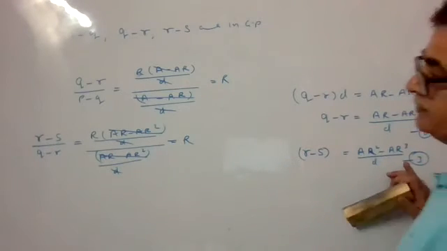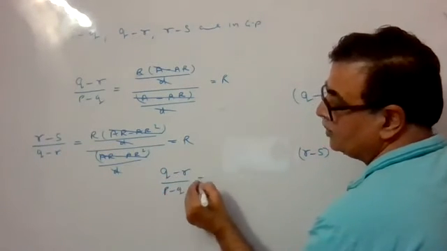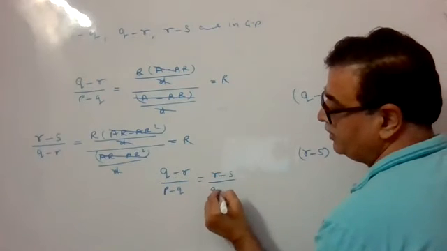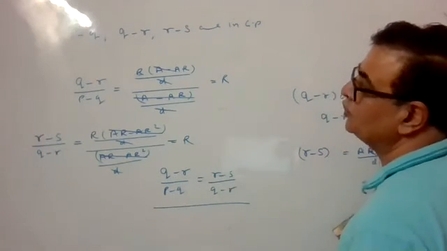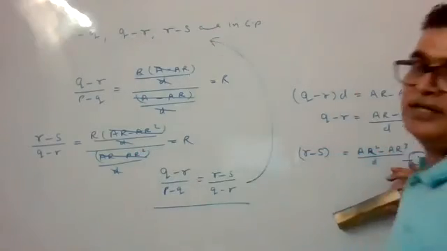So what I get here is Q minus R by P minus Q comes out to be R minus S by Q minus R. Hence what it shows, this by this equals this by this, which means these three are in GP.